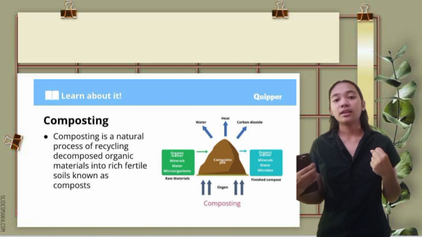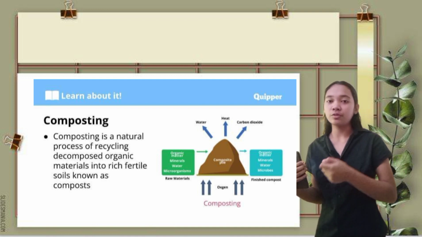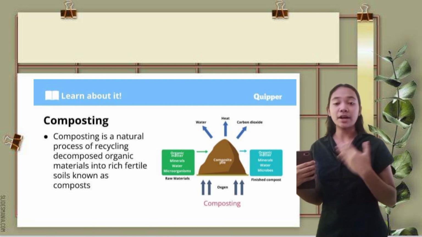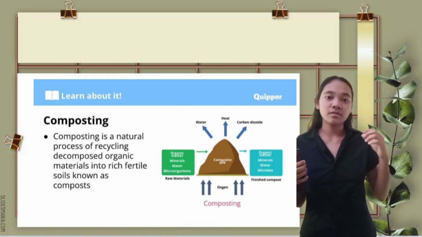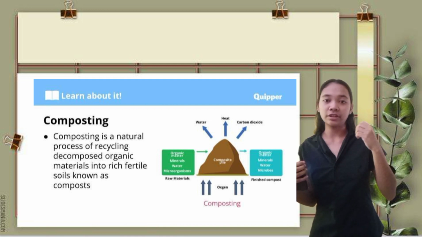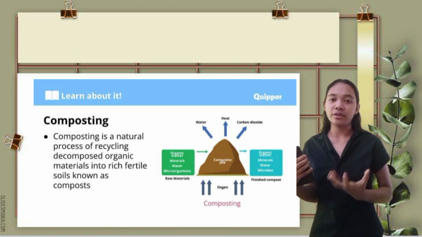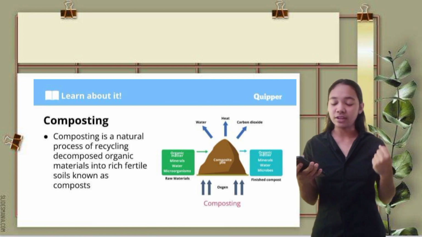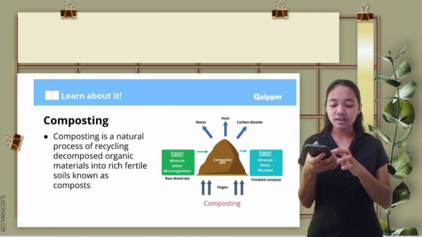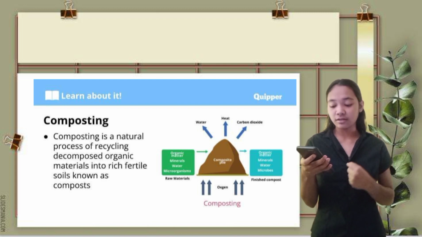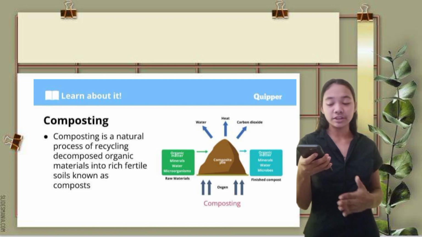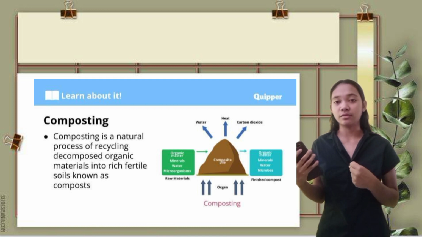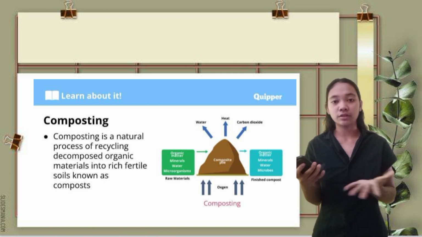It is where we dig or use a compost pit to put our waste, then it takes a few months to decompose, then we use it for fertilization of our plants. So this is very useful as organic fertilization for our plants. Since the finished compost consists of organic matter, minerals, water, and microbes, it is very important to make our plants grow well.